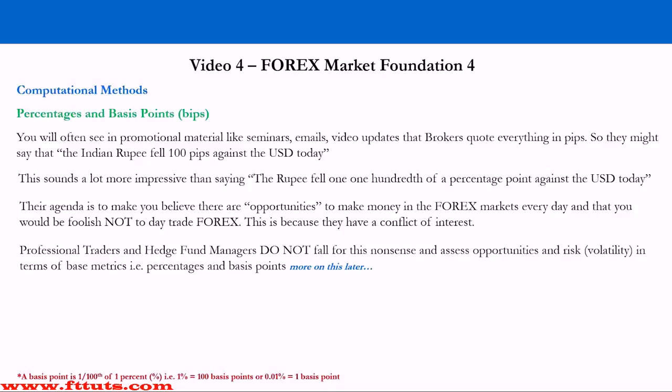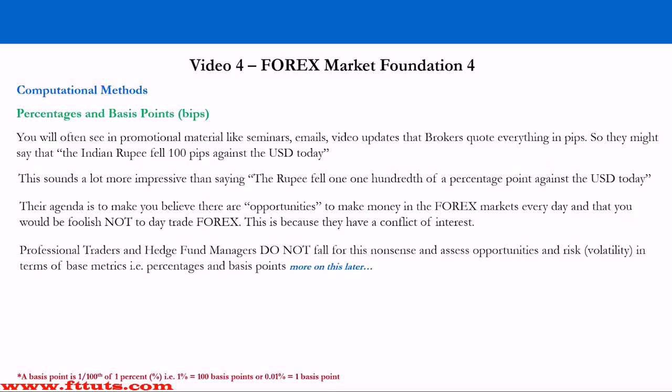That's because their agenda is to always make you believe there are opportunities to make money in the Forex markets every day, and that you'd be a fool not to trade Forex or even day trade it. And that's, as we know, because they have this structural conflict of interest.